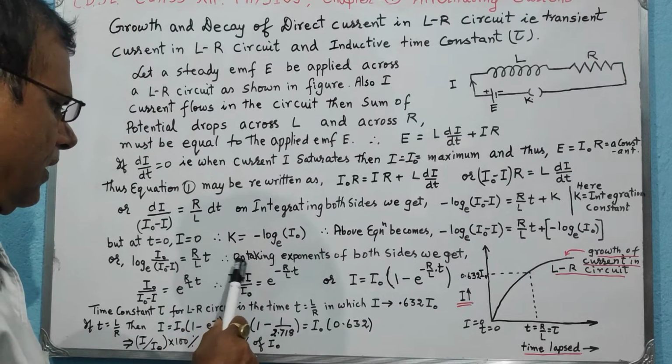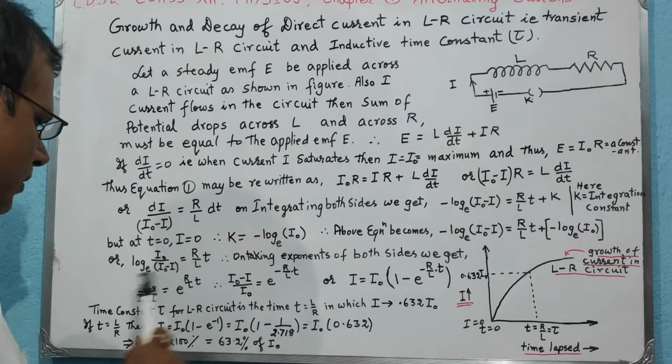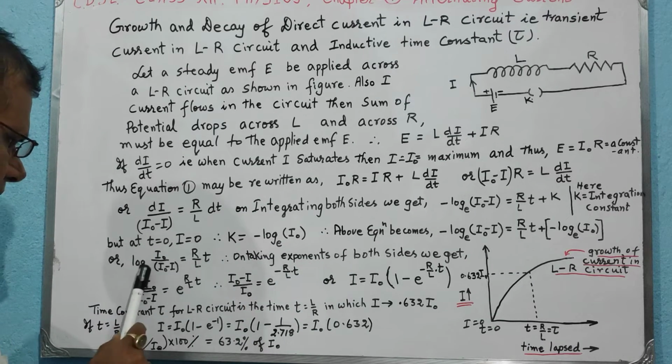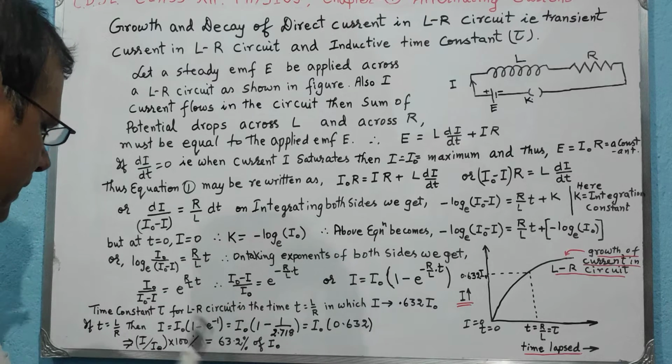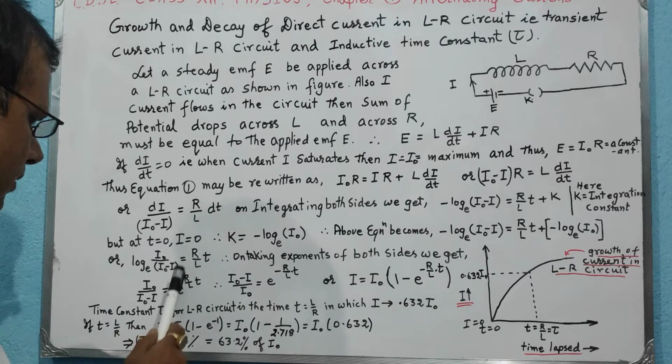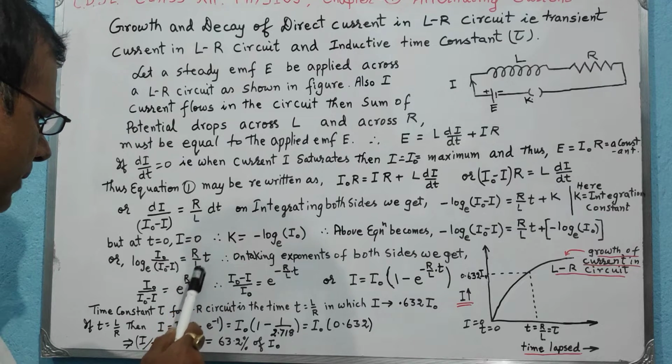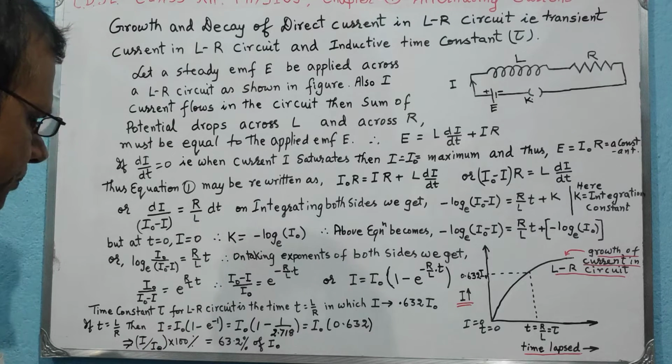So now if we take the exponents on both the sides, what happens? This log vanishes with the exponent taken on this side, and on the right hand side we get exponential to the power r by L into t.